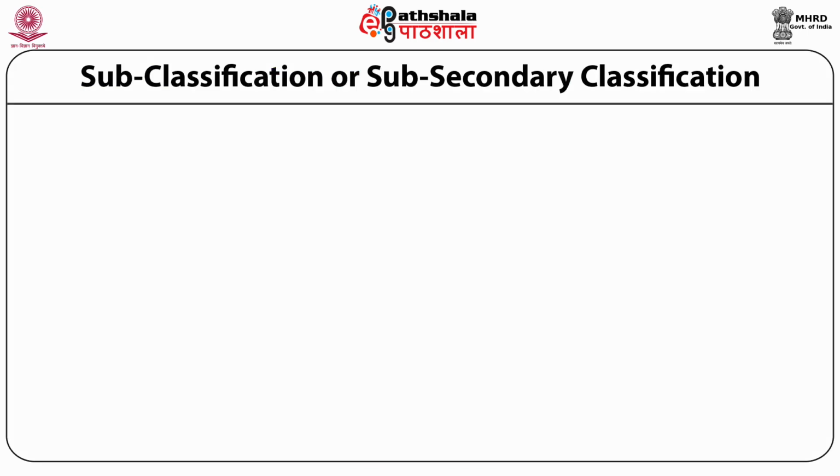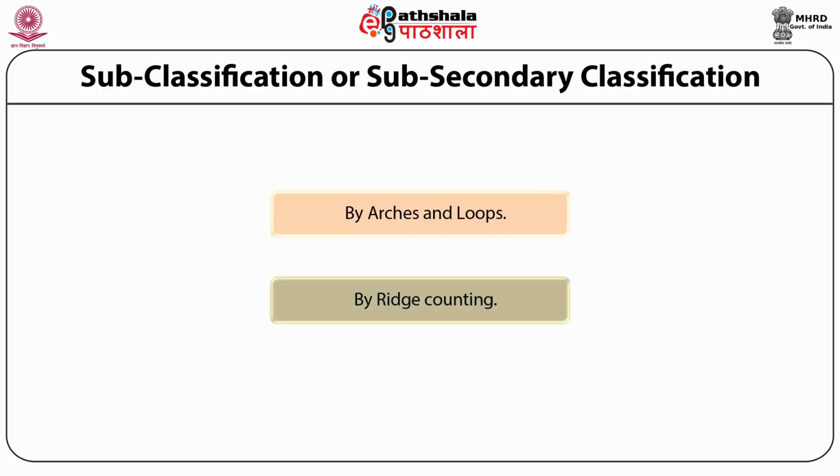Now, I will tell you about the subclassification or sub-secondary classification. It can be classified on the basis of the presence of arches and loops, by ridge counting and by ridge tracing.